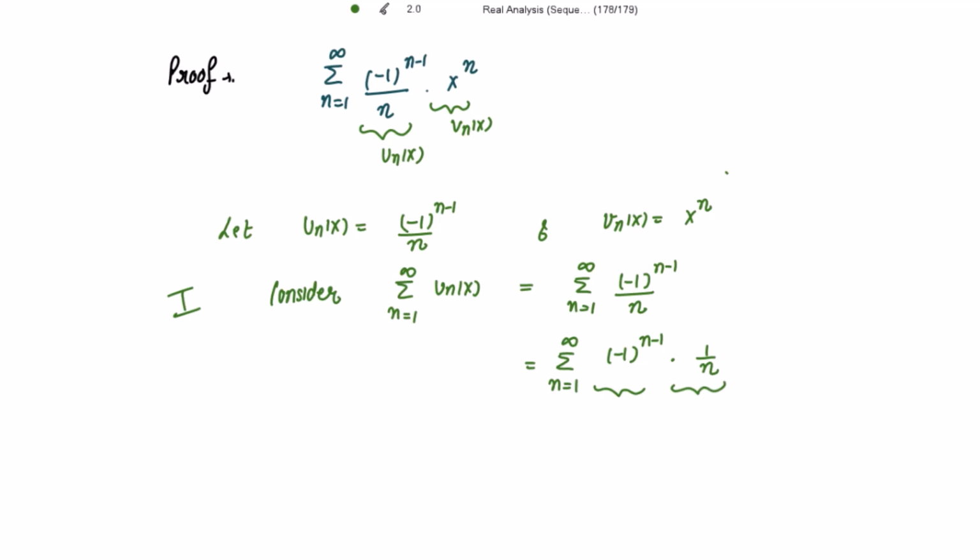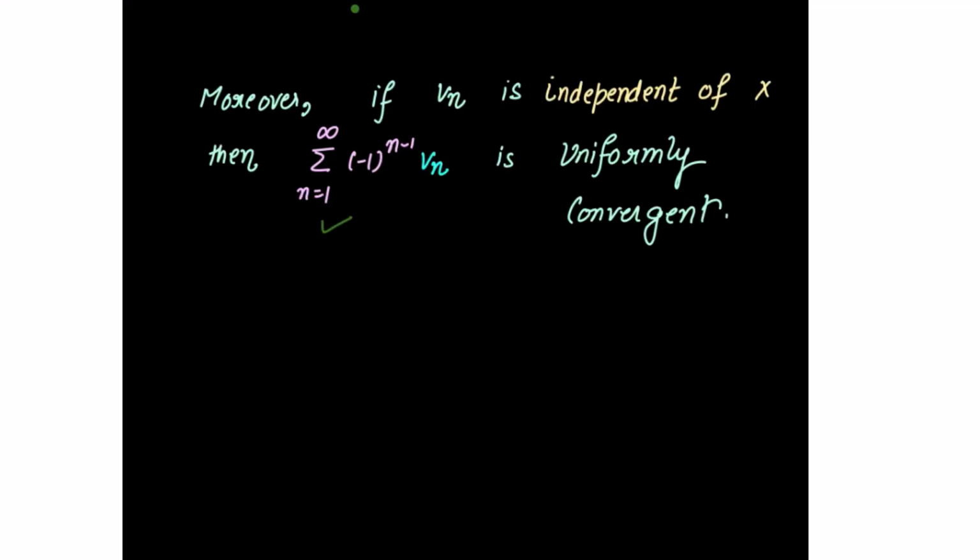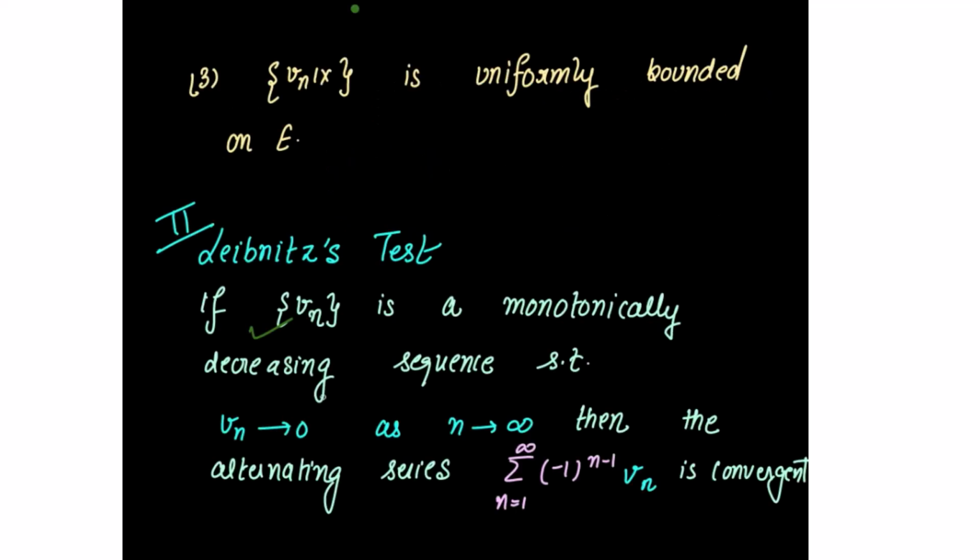What the Leibniz test requires is that if v_n is a monotonically decreasing sequence such that v_n tends to 0 as n tends to infinity, then the alternating series, the series of the kind infinite sum of (-1)^(n-1) times this v_n, is convergent.